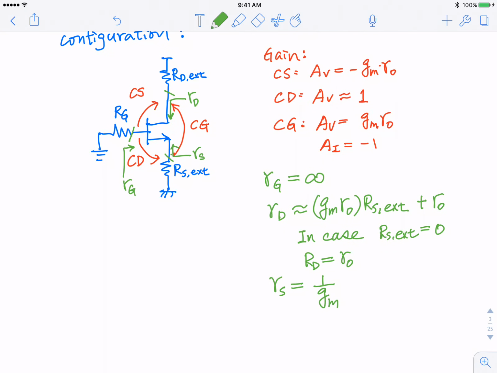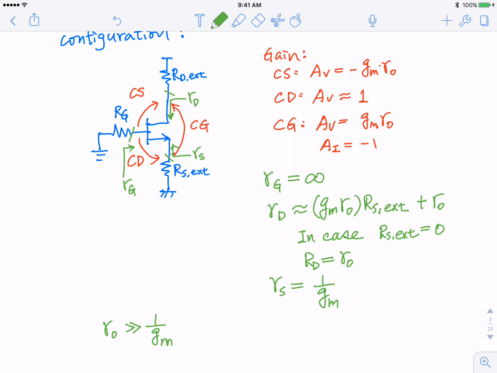R0 is a big number, and it's much bigger than 1 over GM. Whenever you are comparing these two terms, the output resistance of a transistor, small r0, is a big number, usually hundreds of kilo ohm. And 1 over GM is usually a few kilo ohm, so it's tens of times to 100 times larger.